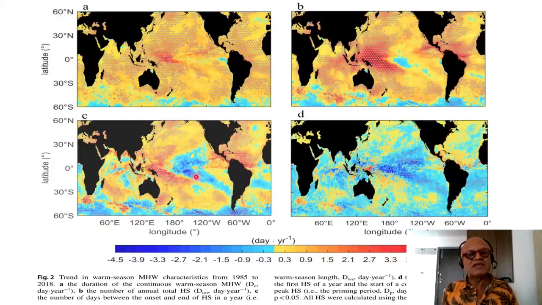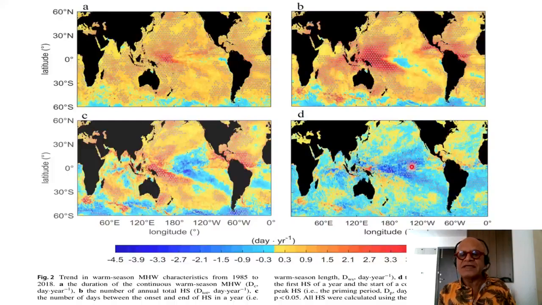So this basically tells you, especially when you look at this in terms of heating rates, so D is the number of days between the first HS of a year and the start of a continuous event with annual peak HS. So this is the priming period dP in days per year.